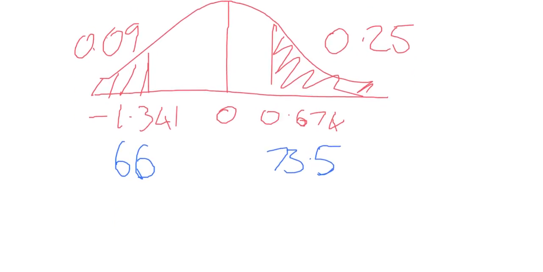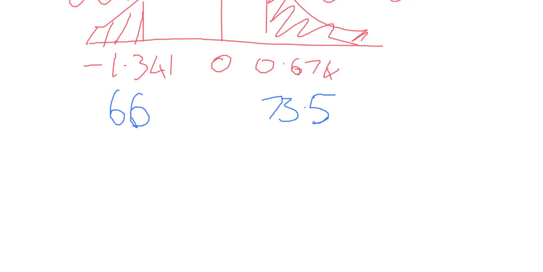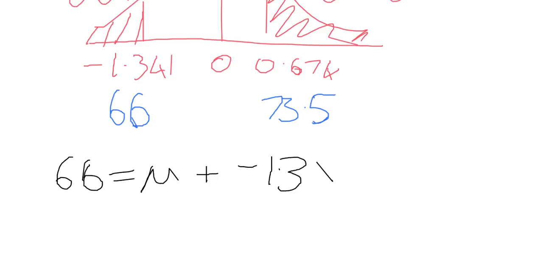Now, you can use the equation that's in the formula sheet, but the one that I find a lot more useful is that x is the mean plus z times the standard deviation. So here I've got 66 equals the mean, which I don't know yet, plus z, which in this case is negative 1.341 times the standard deviation.